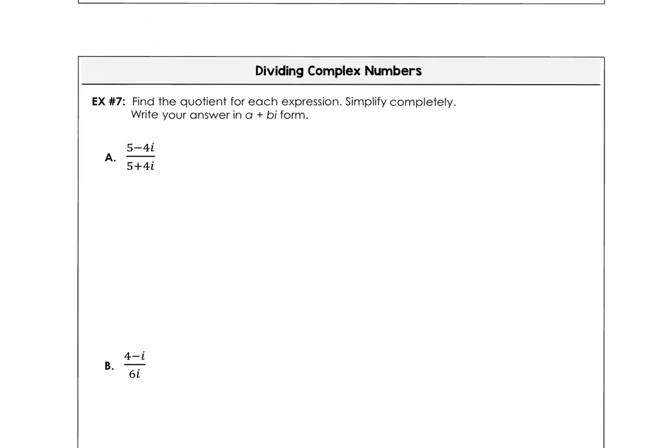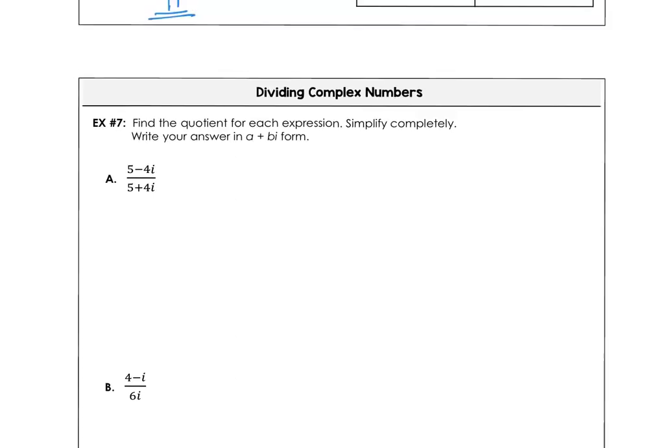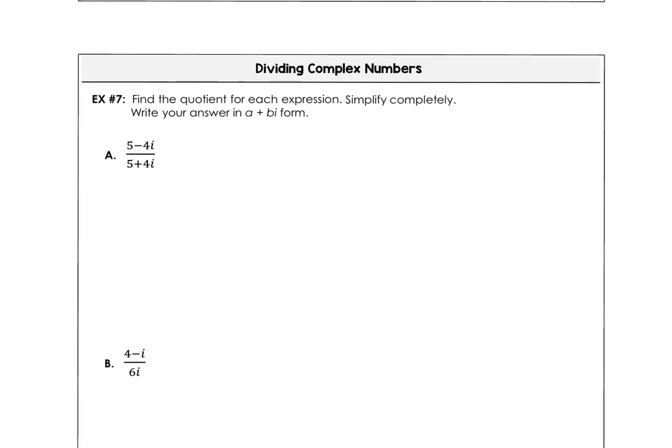In example 7, we want to use division for complex numbers, and the way we divide complex numbers is we rationalize the denominator. And by rationalizing the denominator, I want to think of the conjugate of 5 plus 4i, which is 5 minus 4i, since that's going to give us an integer.